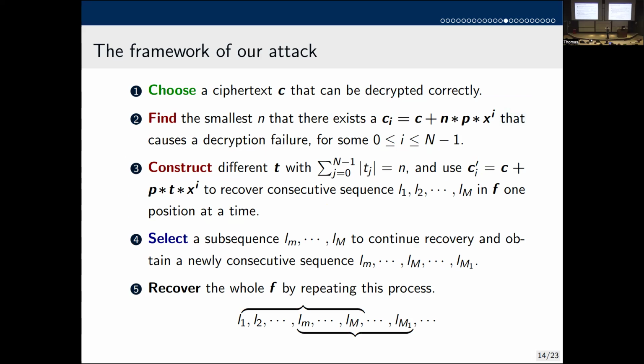And number three is we construct different T's with the summation of the absolute values of coefficients equal to n, and use that to recover the consecutive sequence of coefficients L1, L2, and so on of F. That's the basic idea. And in the end, through this process, you do the full recovery.